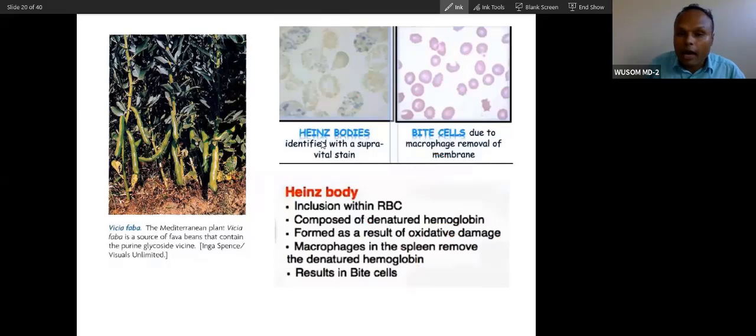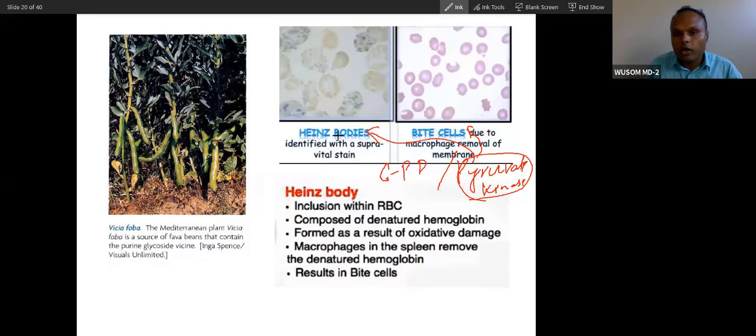And if you have to differentiate G6PD deficiency versus pyruvate kinase deficiency, which we have talked about: pyruvate kinase also has hemolytic anemia, but will not have bite cell and hinge body. In pyruvate kinase the onset is very chronic, continuous.